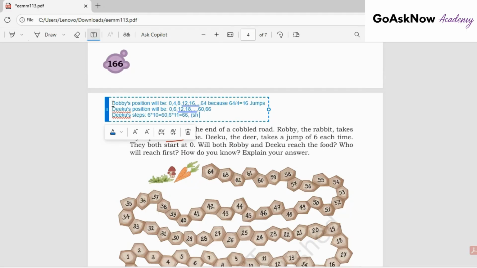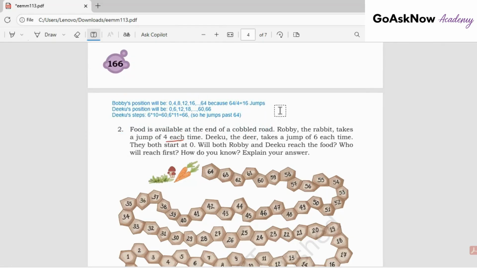So he jumps past 64. Okay. Now the answer will be: Ravi will reach 64 exactly, but Deepu will never land on 64.